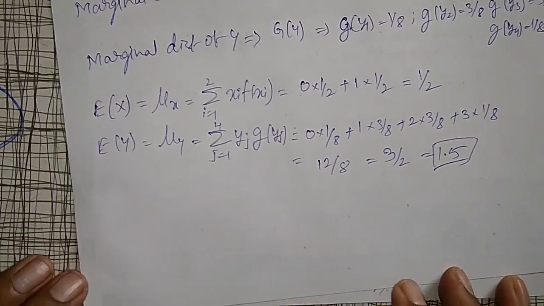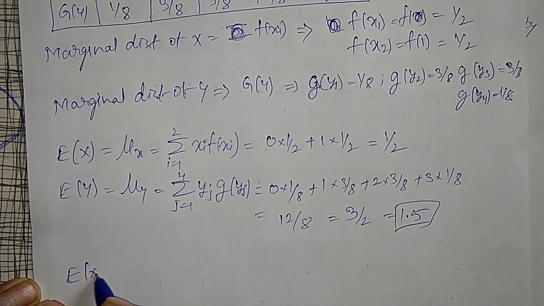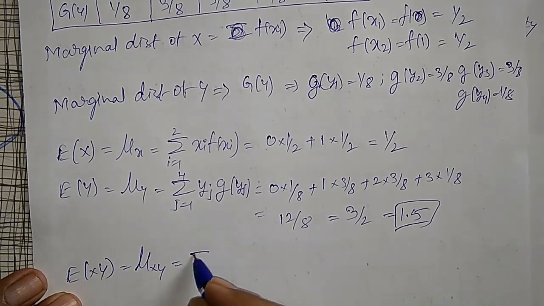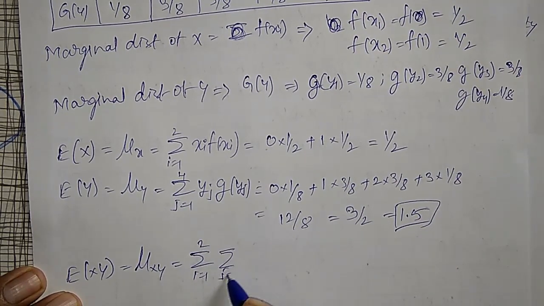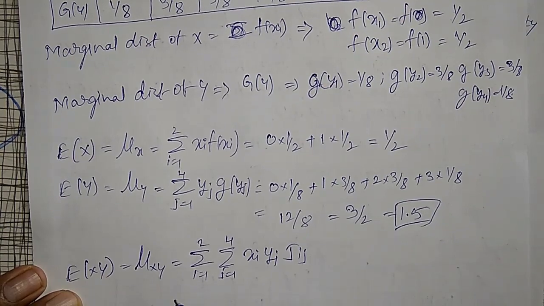Therefore, expectation of xy now. Expectation of xy is equal to mu of xy is equal to summation i equal to 1 to 2, summation j equal to 1 to 4 of xi yj into fij.